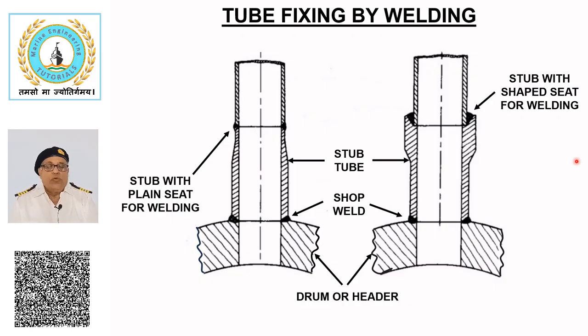Superheater tubes are usually expanded and bell mouthed up to steam temperature of about 450 degrees Celsius. Above 450 degrees Celsius temperature, the superheater tubes are often attached by butt welding.